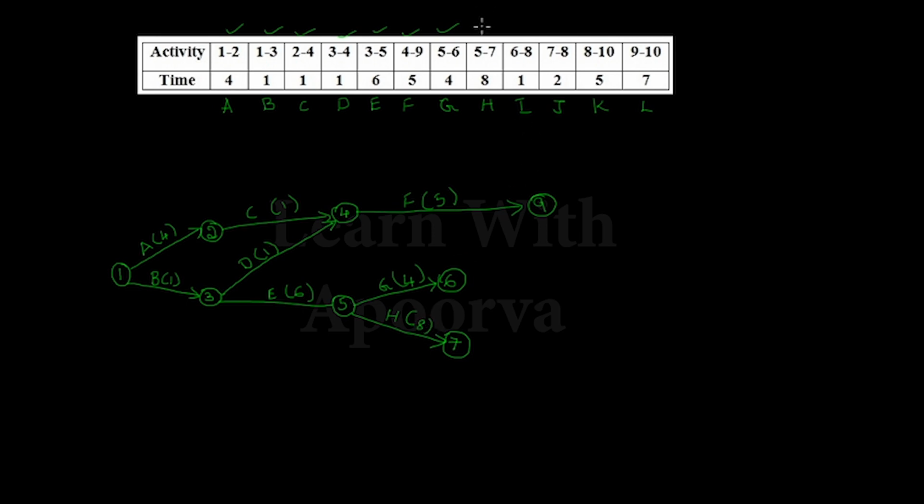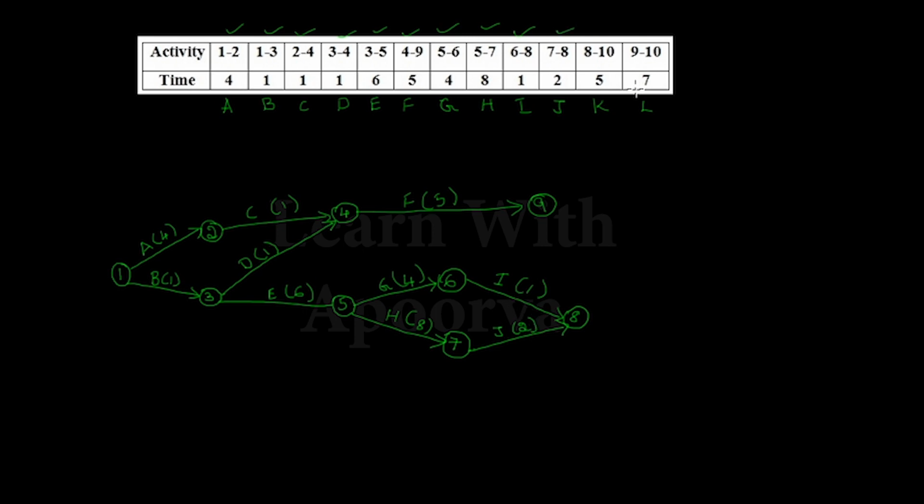So after 5 to 7 we have 6 to 8 and we have 7 to 8. So 6 to 8. So 8 is a node here. So activity name is I and the duration is 1. 7 to 8, name of the activity is J and the duration is 2.